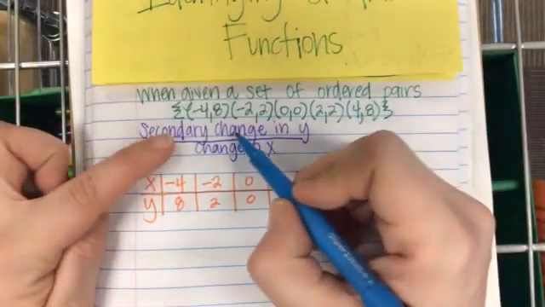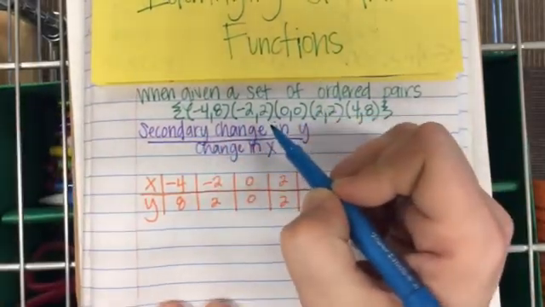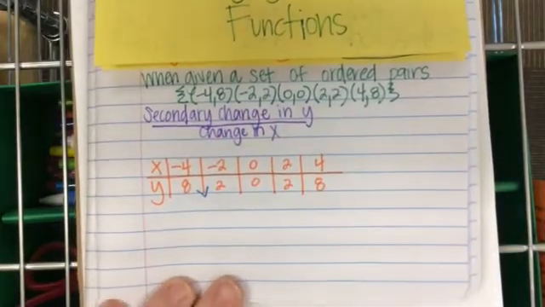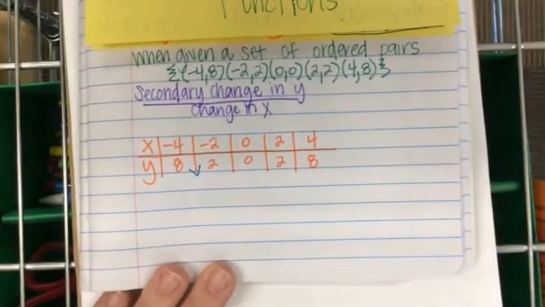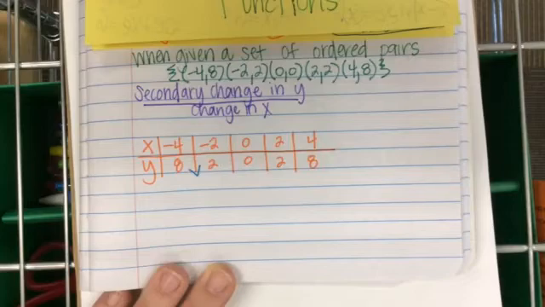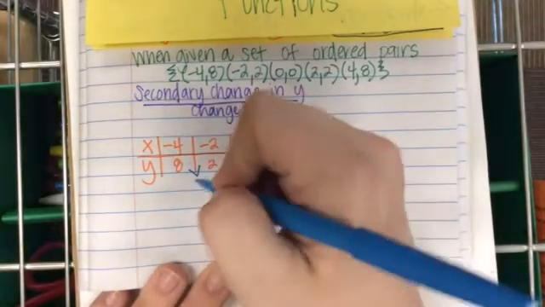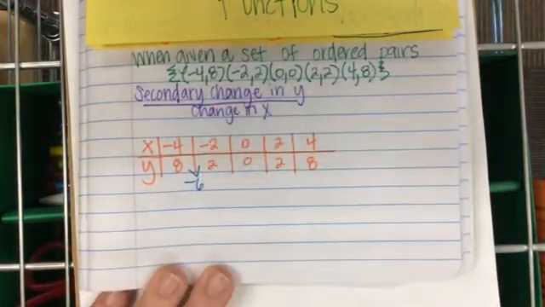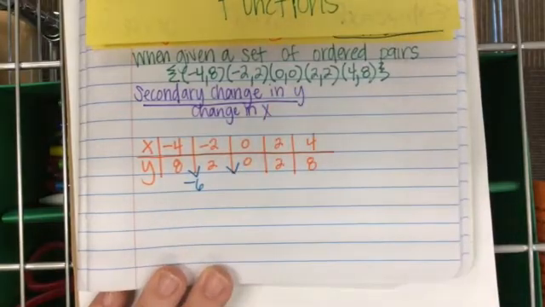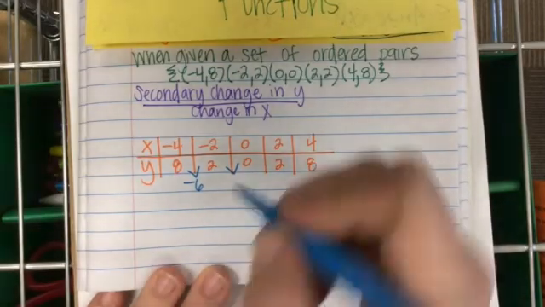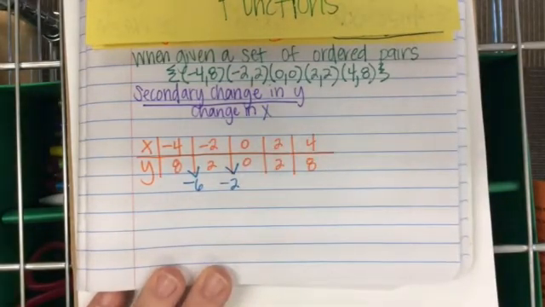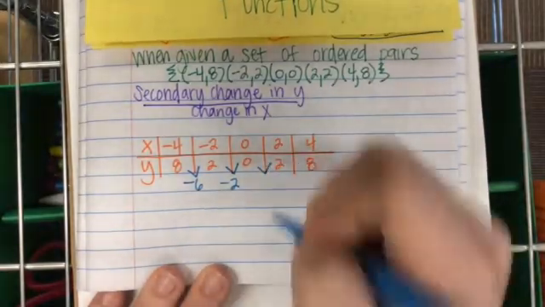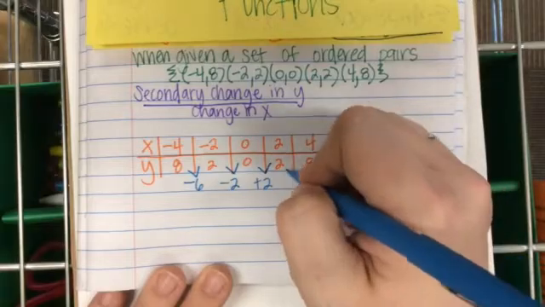And I'm finding not the change in y, but the secondary change in y. So I have to find the first change. From 8 to 2 is what? 8 plus what is 2? -6. From 2 to 0: -2. From 0 to 2: +2. And from 2 to 8: +6.